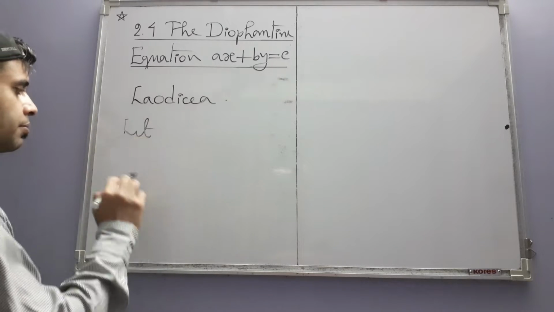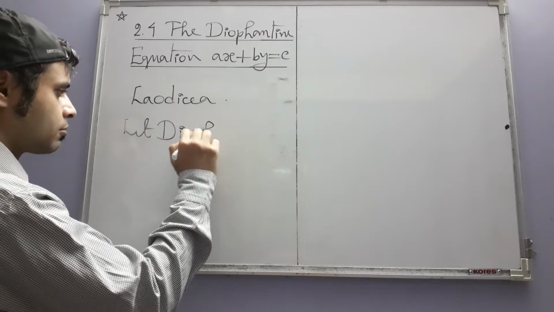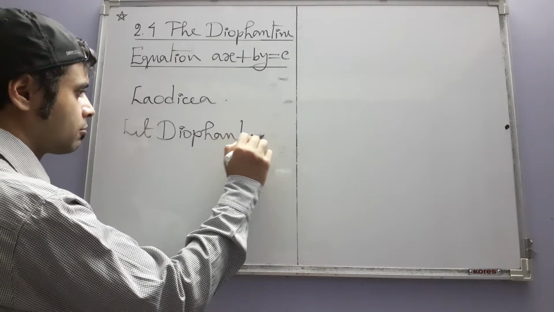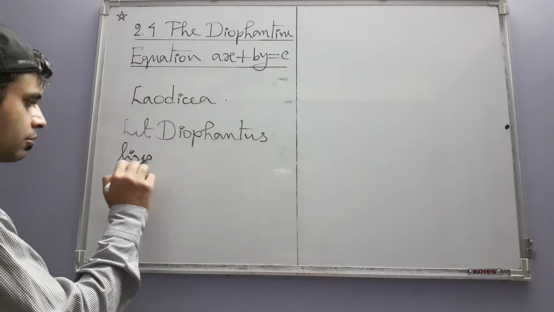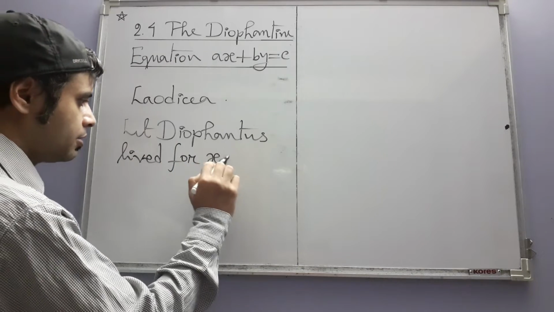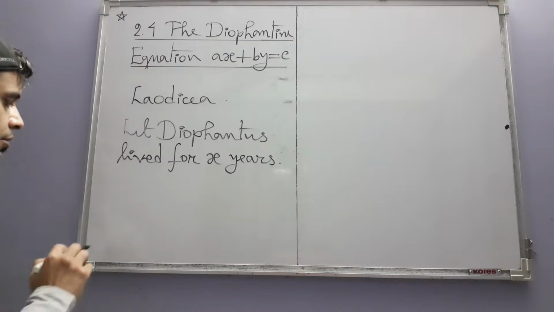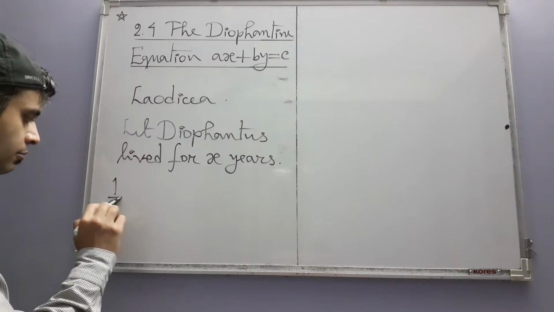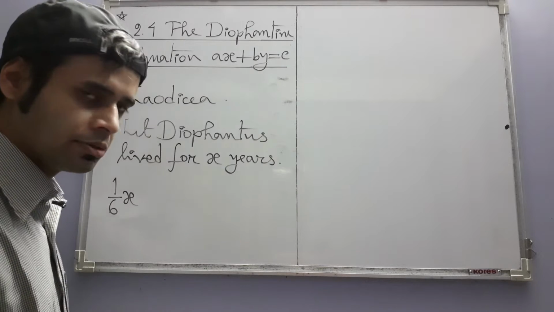Let Diophantus live for x years. Then 1/6 of x was his boyhood.